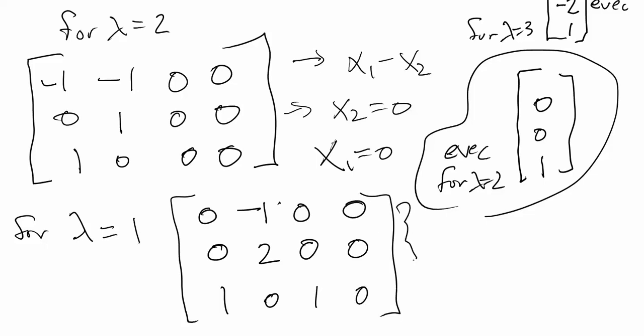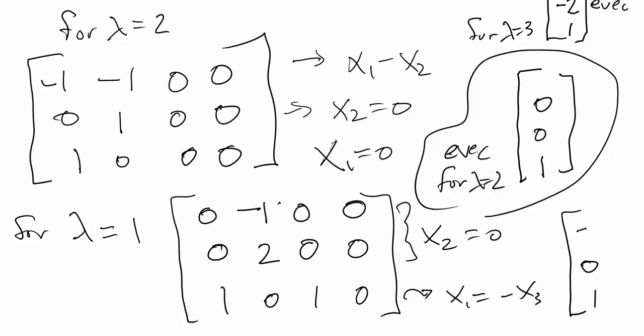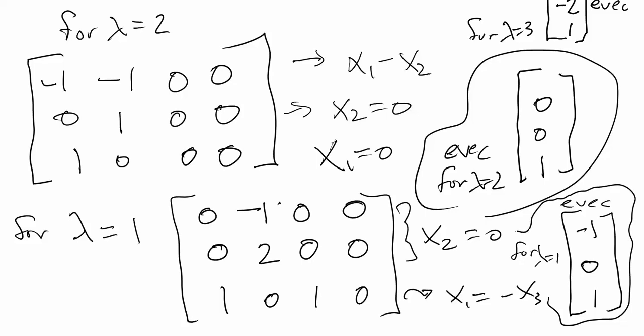From either of these two equations we get that x2 is equal to 0, and from this last equation we get that x1 is equal to minus x3. So if we arbitrarily pick x3 equal to 1, we know that x2 is 0, and x1 is minus x3. And that's our eigenvector for lambda equals 1. And we found our third eigenvector for the original matrix given in this problem.